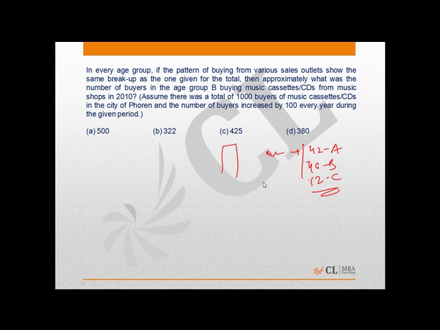Therefore 70% of 1000 will be 700, and 700 people were there who bought from music shops, and out of these 46% belong to age group B. Therefore the required quantity is 700 into 46 upon 100. This is equal to 322. Therefore option B is the correct answer.